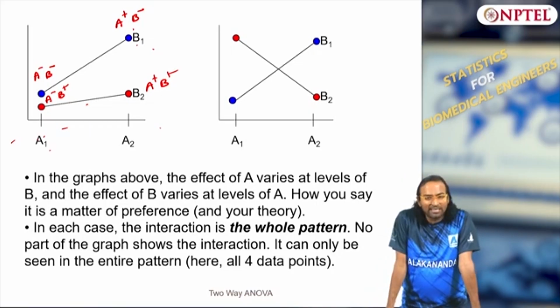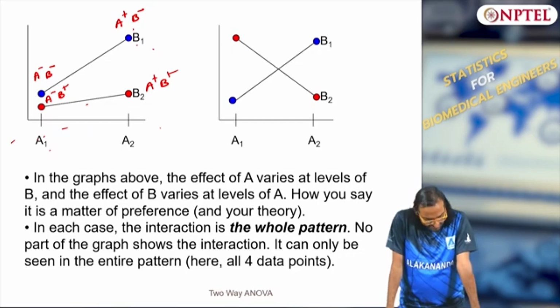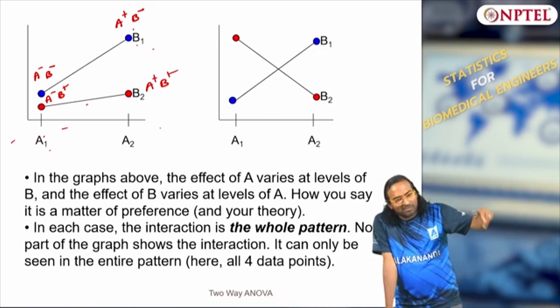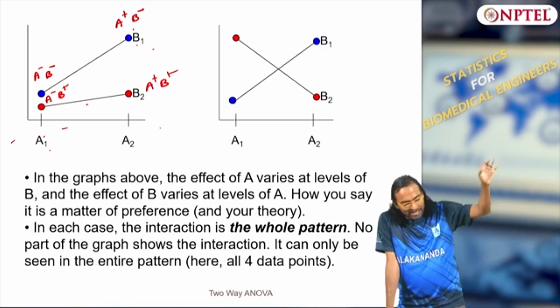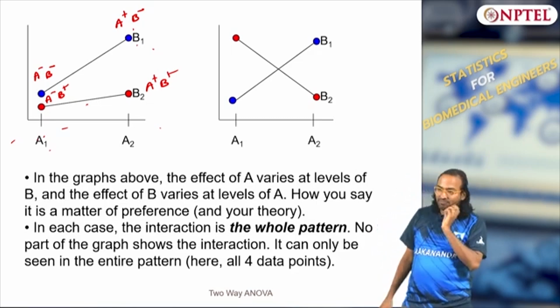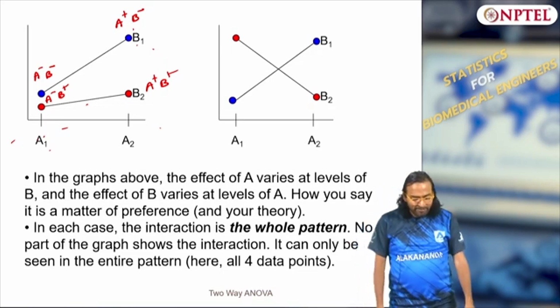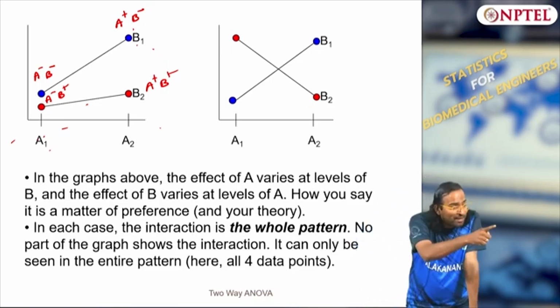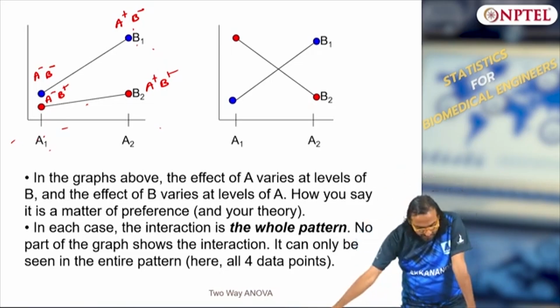If you think about that, then naturally it will be easy. Just to think of, don't bring in math, we will come to it later. Just tell me in layman's terms, I want to understand effect of A. What is the effect of A here? Keep B. So how do I do it?